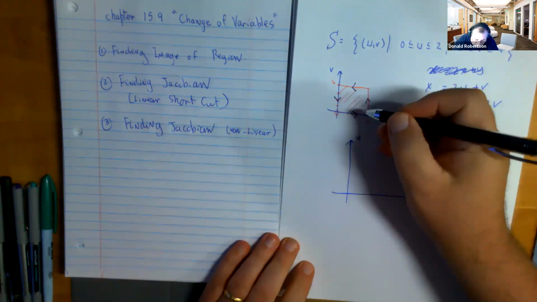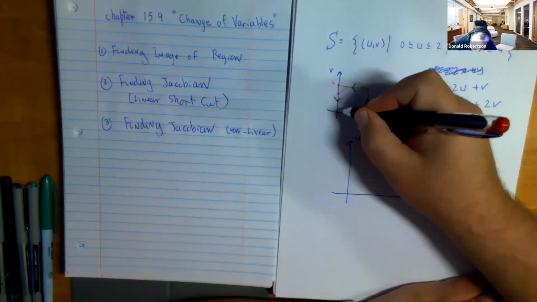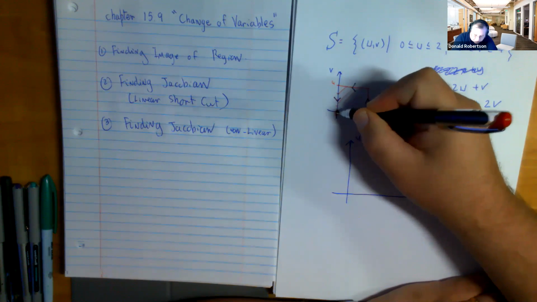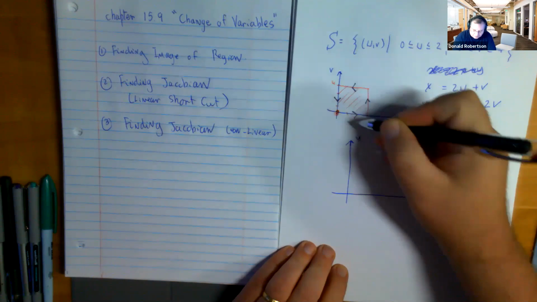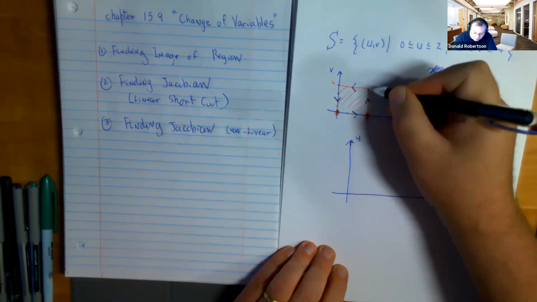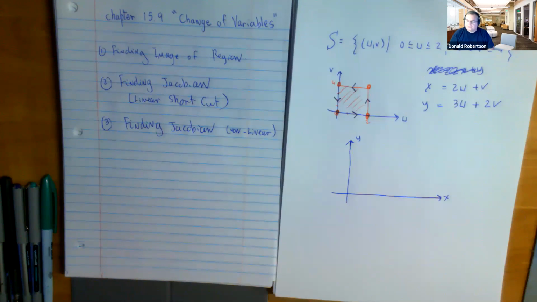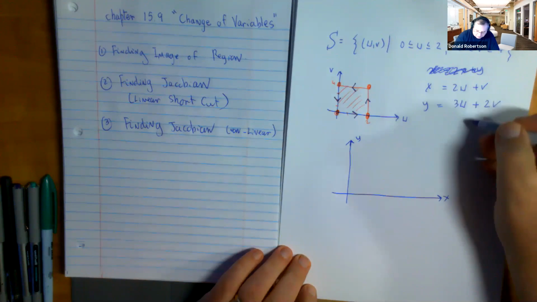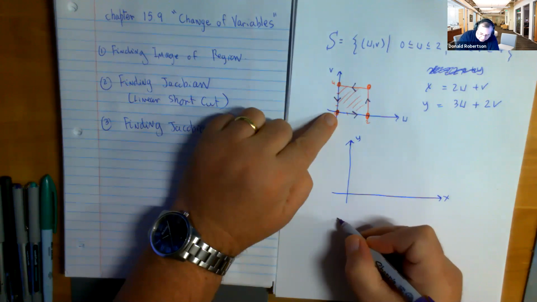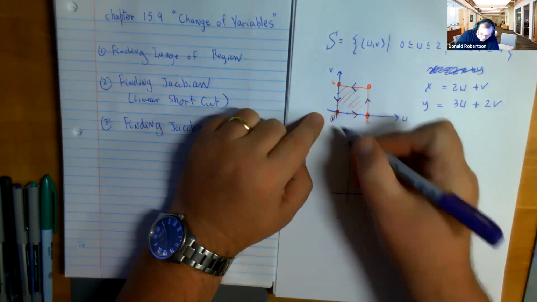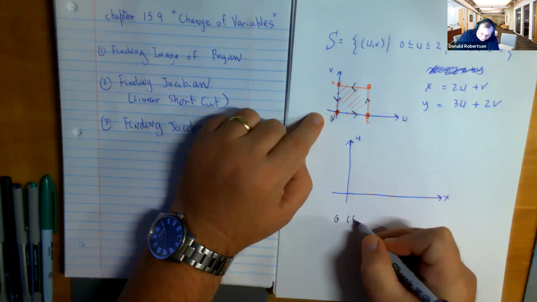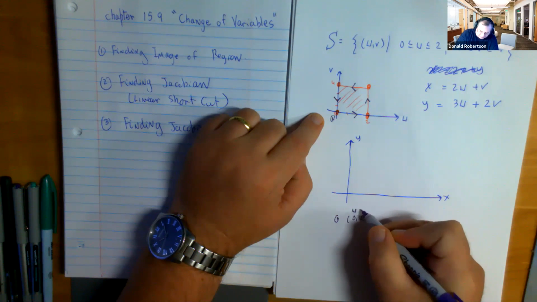What do I mean by that? Well, if you start at the origin and then you work your way around it, do you notice that the only places that really matter are the vertices? So I'm going to take each one of these vertices and I'm going to find out what they would change into in XY space. So the starting point, I'll call that number 1, has coordinates 0, 0 in UV space.